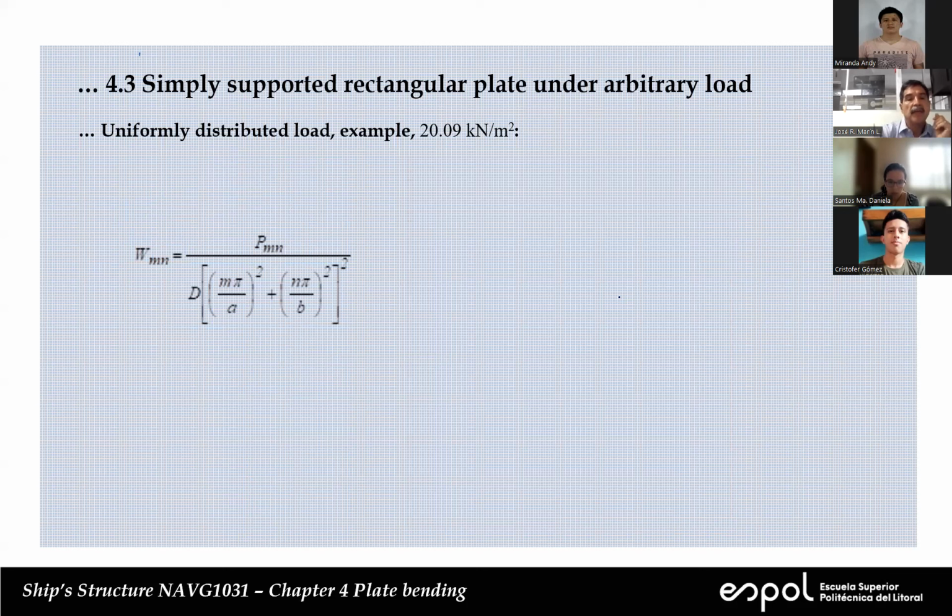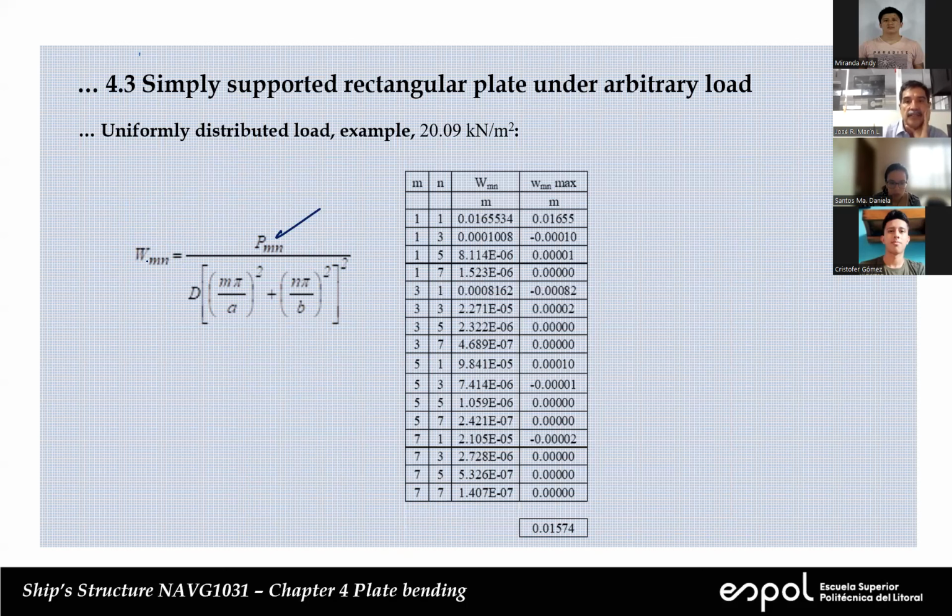Again, after we have calculated PMN, okay, we have this. We can apply this formula for WMN, and this is what you have in your class notes again, okay? And you see that in the denominator, we have a larger power. That's why we see that this is 0.016, right? And this is basically nothing.